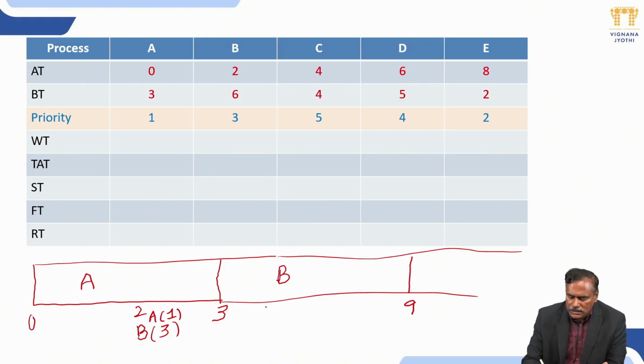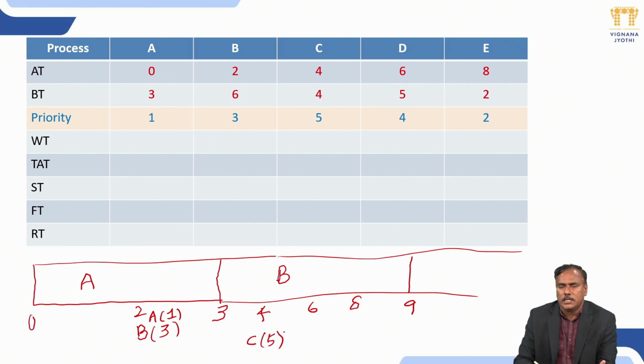But while process B was under execution, at different intervals like 4, 6, 8, different processes were entering. At the 4th interval of time, process C has entered, whose priority is 5. Here what I am writing in the brackets is the process name followed by its priority or rank. So 5.